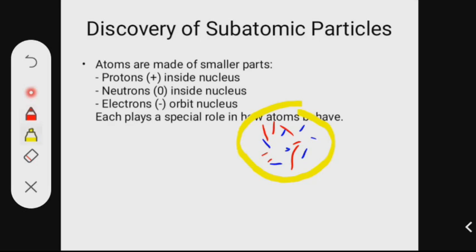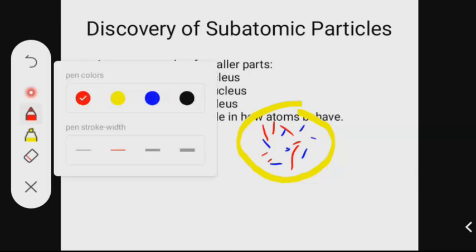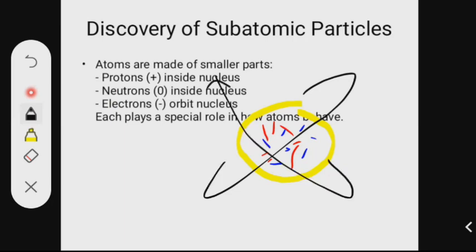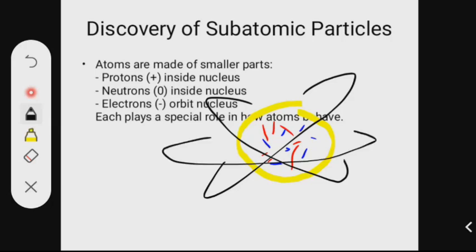Around this nucleus, we then have the electrons. Their work is to keep moving around. They cannot enter, they just keep moving around this cycle. This is the structure of an atom according to Rutherford.